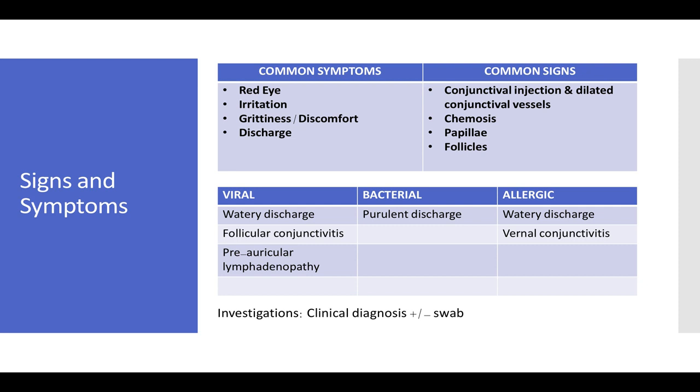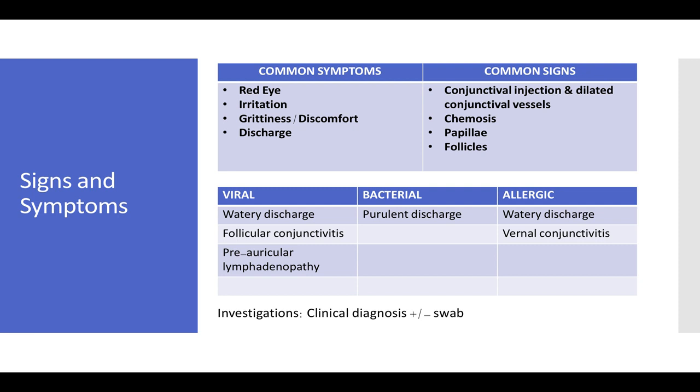Below is a table summarizing the difference between viral, bacterial, and allergic conjunctivitis. Features of viral conjunctivitis include a watery discharge, follicular conjunctivitis, as explained above, and preauricular lymphadenopathy.